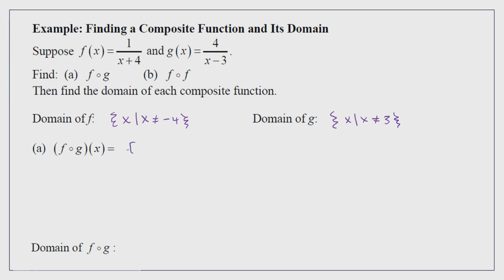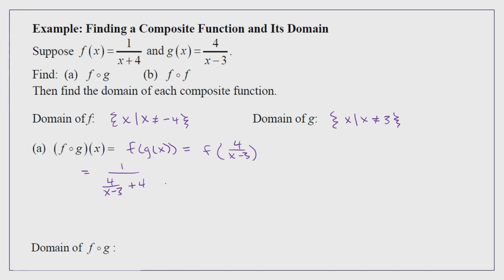So now let's find f of g of x. f of g of x is equal to f of 4 divided by x minus 3. I'm going to substitute this ratio into f of x, so I'll get 1 divided by 4 divided by x minus 3, plus 4.